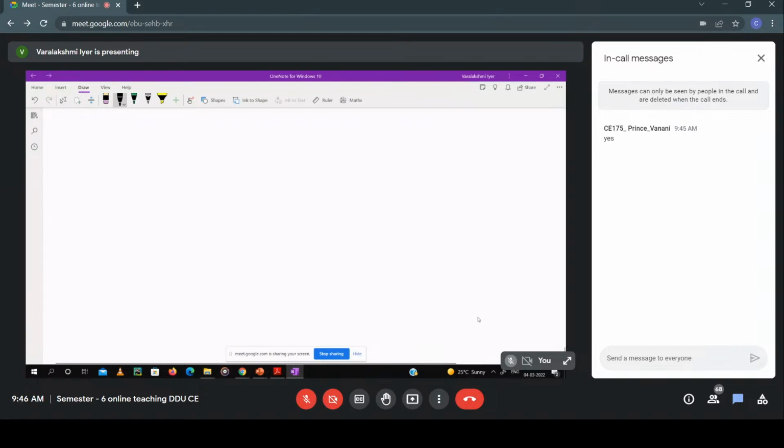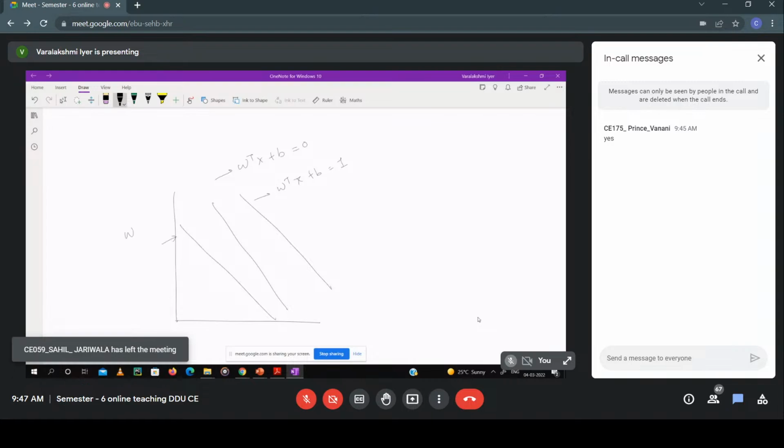Okay, so for example, suppose we have a hyperplane such as this. Let us consider this is the hyperplane that we have: W transpose X plus B is equal to 0. And these are the decision boundaries: W transpose X plus B is equal to 1, and W transpose X plus B is equal to -1. And we have a normal vector W, which is orthogonal, that is perpendicular, to all these three hyperplanes.